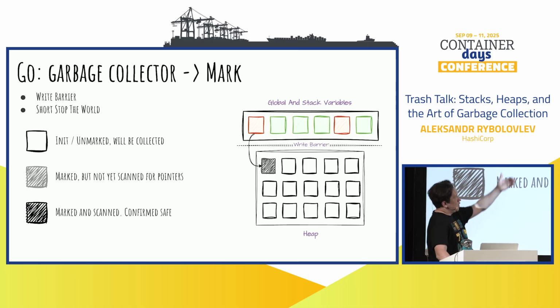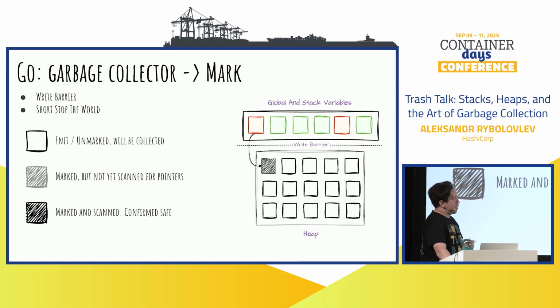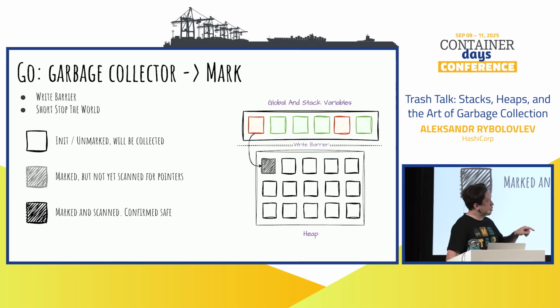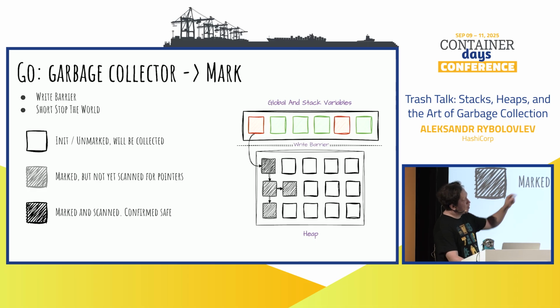And then it will start tracing objects from stack to heap. Those global and stack variables are kind of the root of this graph. The first object in the heap will get a gray color, and this is where it's marked but not yet scanned for pointers, because if it has pointers, or you can call them children, it will first go ahead and recursively go through all the children of these objects.